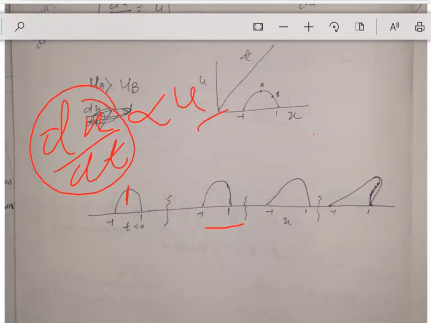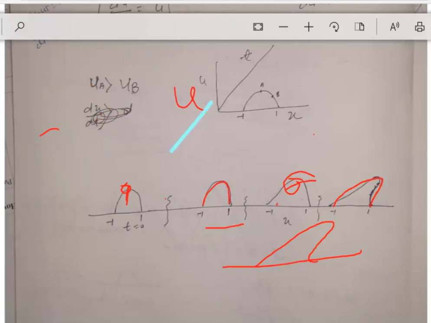So at this point, it will be high velocity. So in the x direction, it will start bending. Again, here is a high velocity, so this part will move faster. Okay, so it will be something like this, and this is what is called the breaking point.